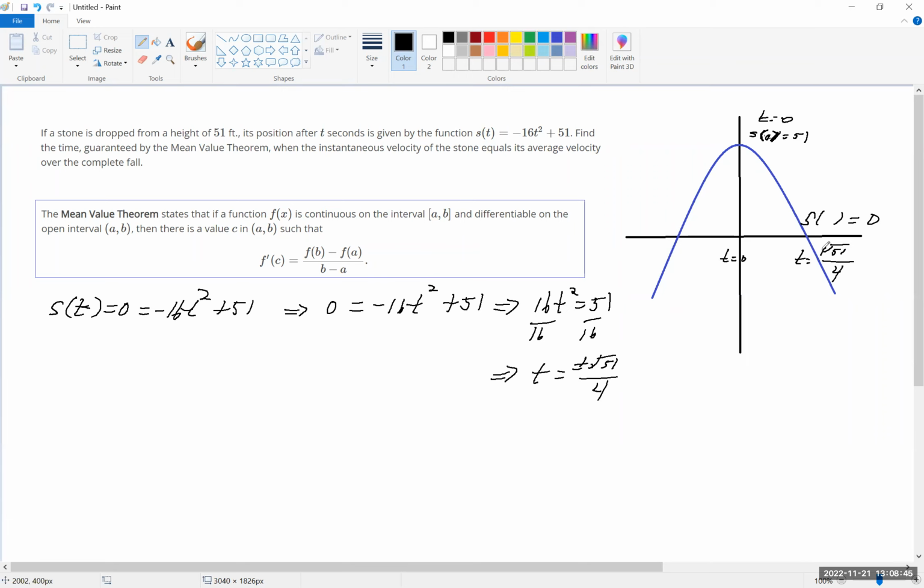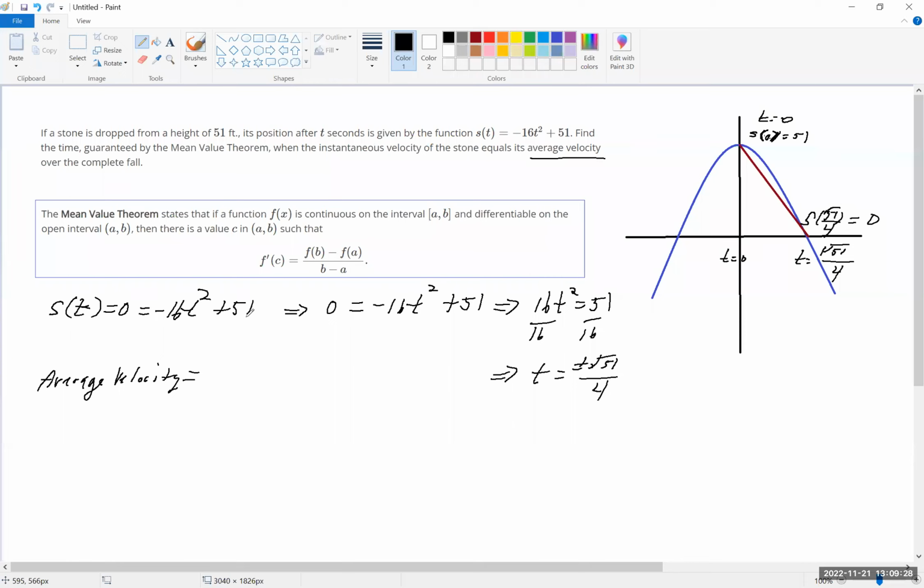Okay, so now to find the average velocity, what we're looking at is the slope of that secant line. So to find the slope of that secant line, by the way, this is root 51 over 4.